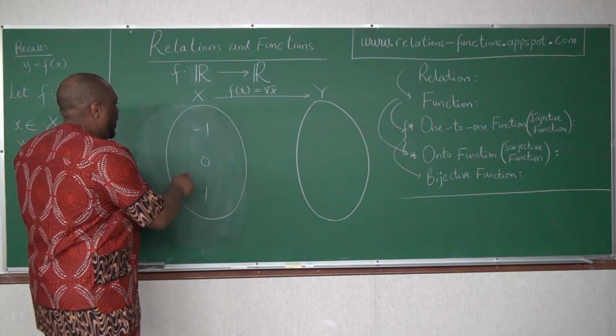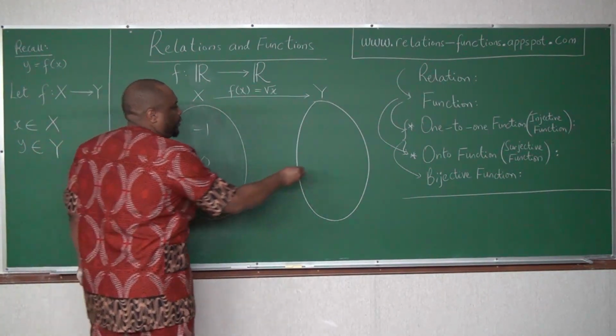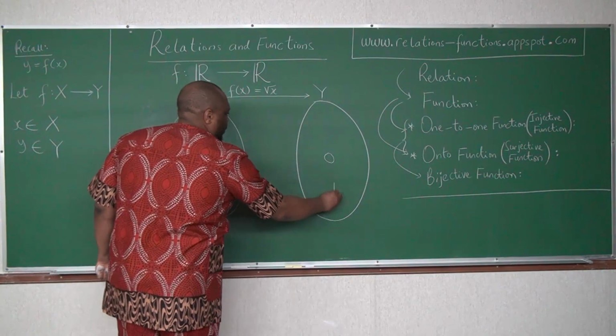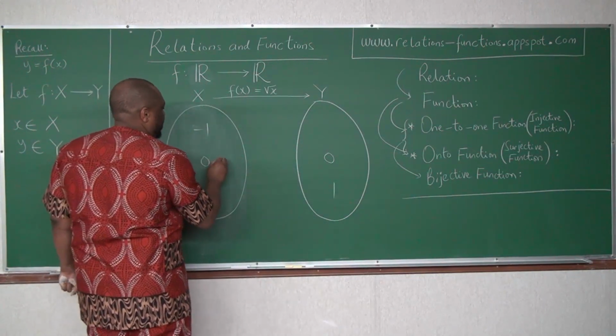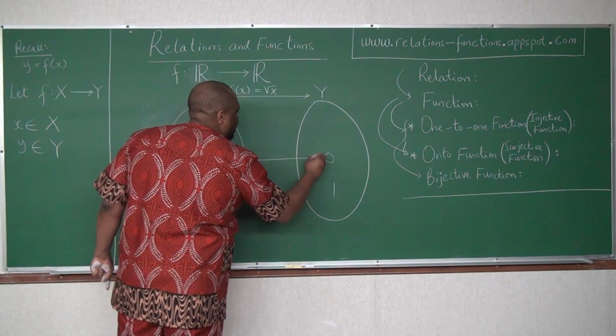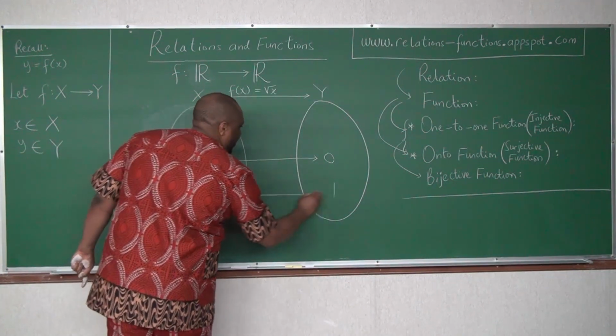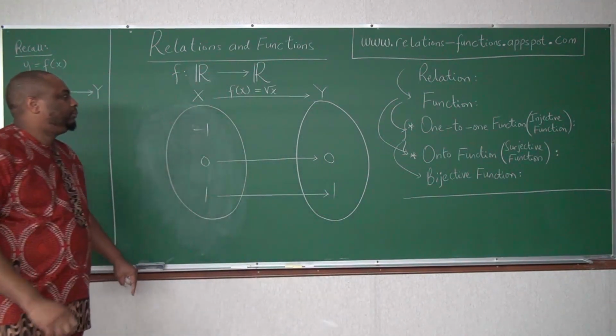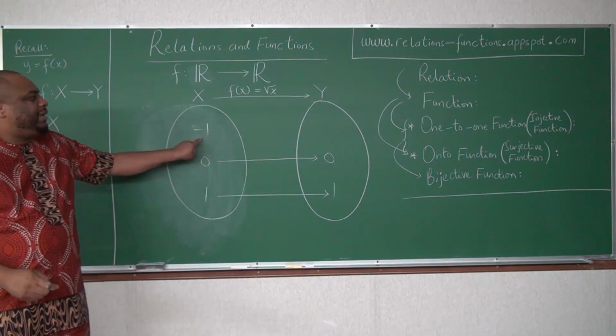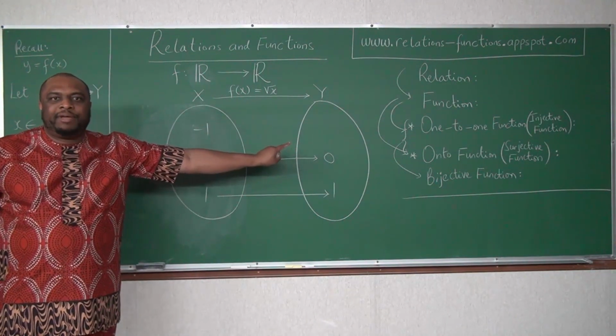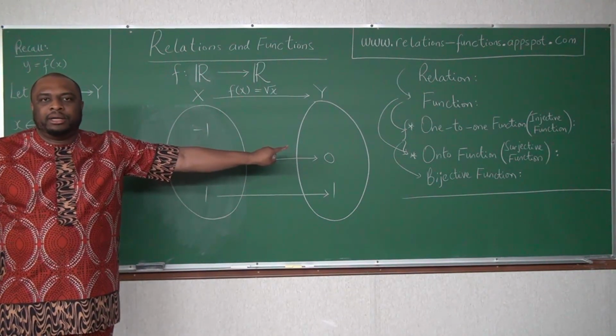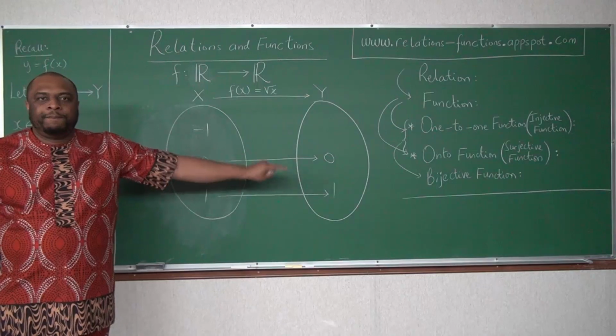So square root of 0 is 0, square root of 1 is 1. As you can see here, 0 maps to 0, 1 maps to 1. But negative 1 does not have any output.